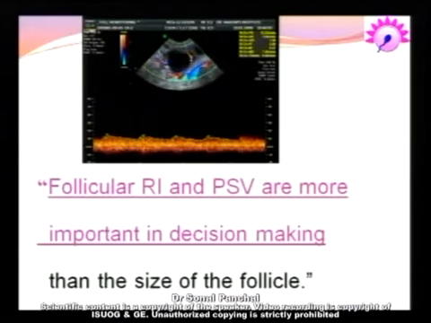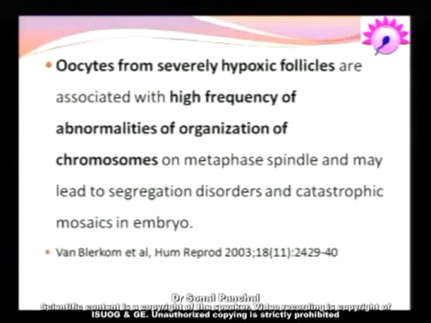Follicular RI and PSV are both very important for decision making rather than just the size of the follicle. If the size of the follicle is okay and still the RI and the PSV, that means the vascular indices, are not satisfactory, you may still wait, don't worry about the rupture, and allow these indices to come to normal to get better results.